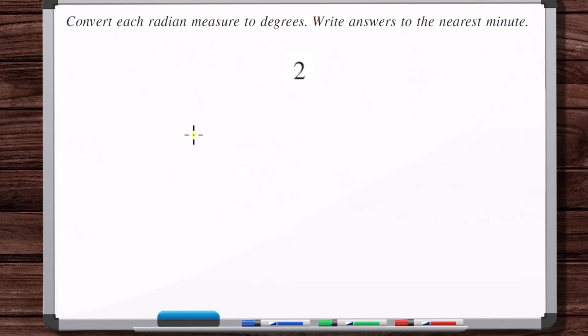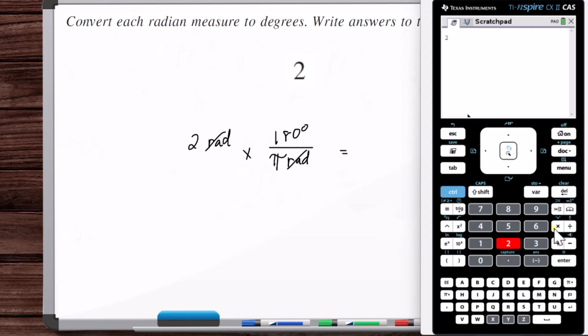Okay, 2 radians. We want to convert that to degrees. So there are pi radians for every 180 degrees. So now we're in degrees. We just need to do the multiplication. So 2 times 180 divided by pi.